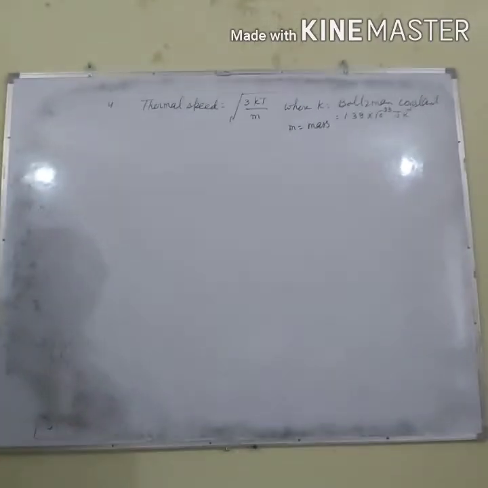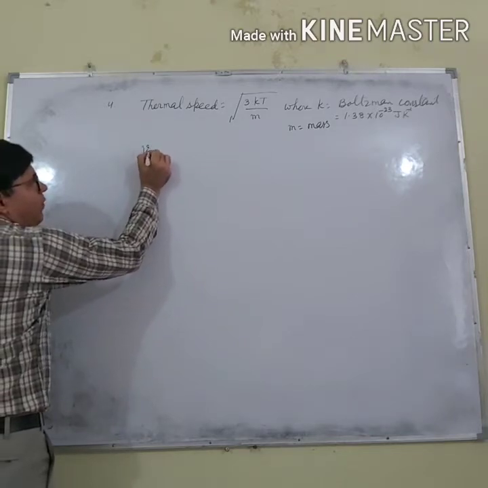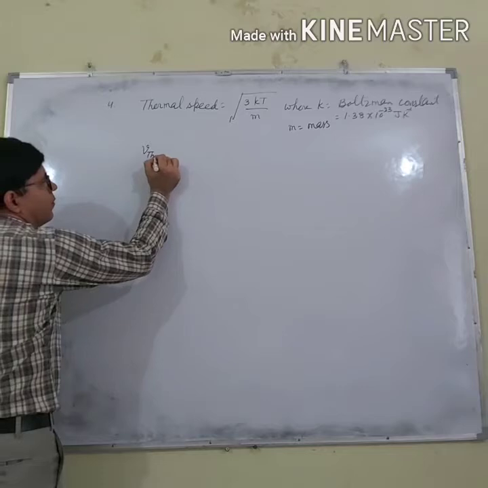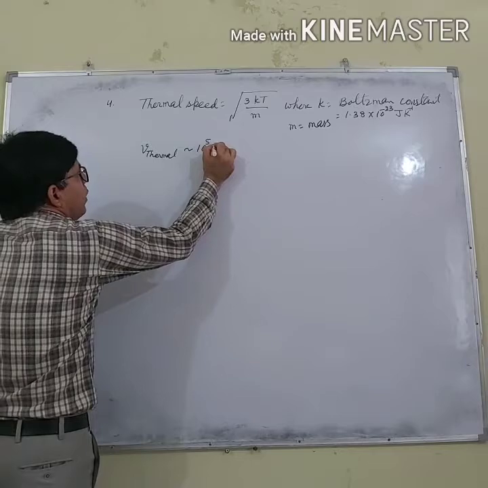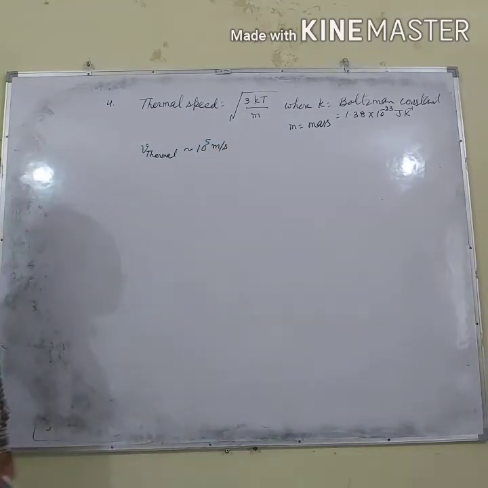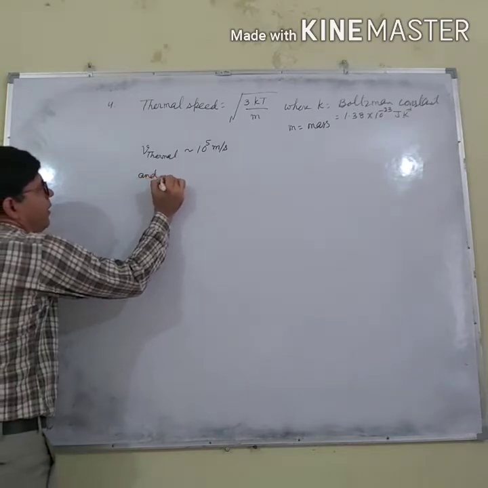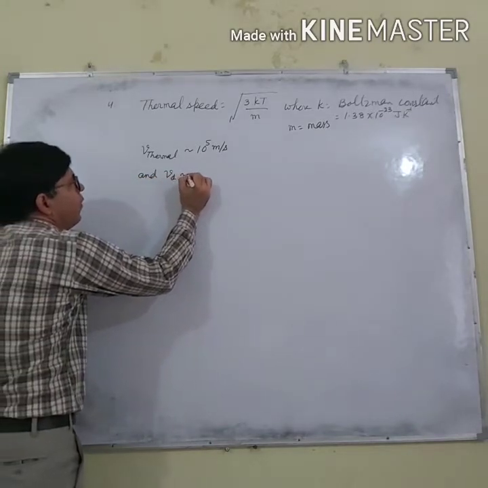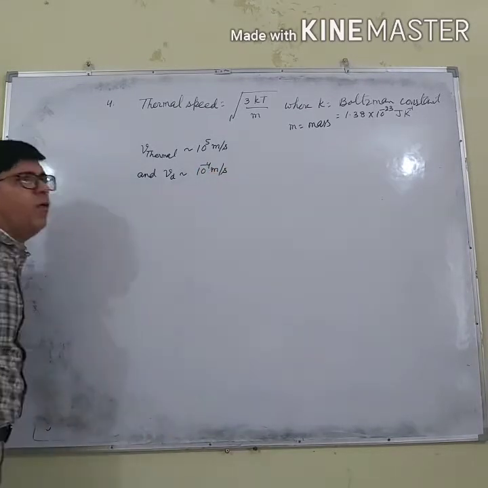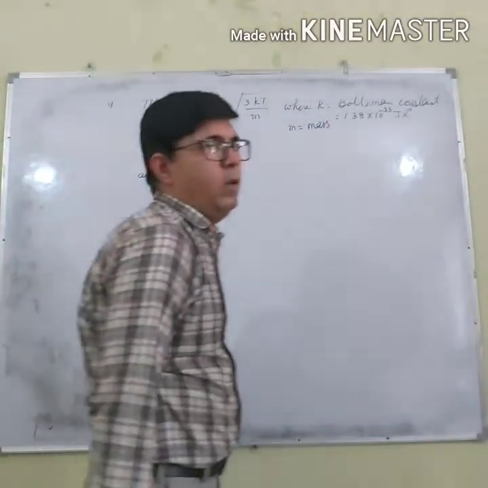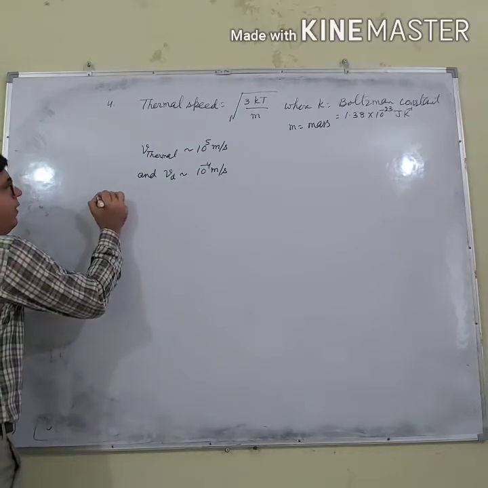Right? And thermal speed of electrons, it is of the order of 10^5 meter per second. And drift velocity, it is of the order of 10^-4 meter per second. Now a question arises, it is a very important question.